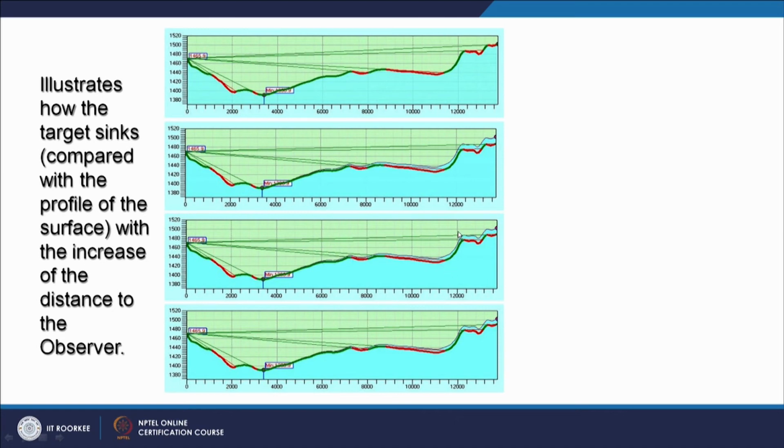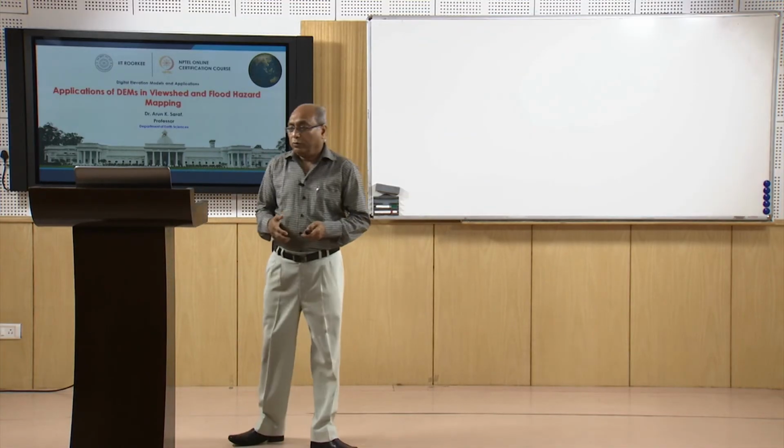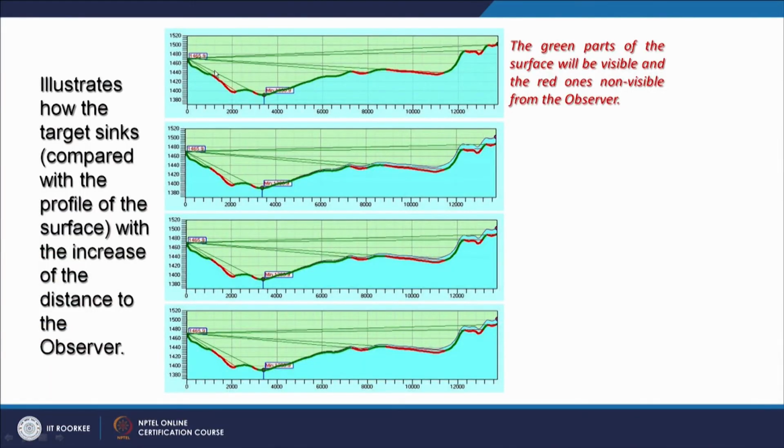So if we change the distances, the sinks will affect, and therefore we will have a different Viewshed analysis. Here in the first example, there is no difference, whereas when we add a few more things, the difference becomes large, as you can see.